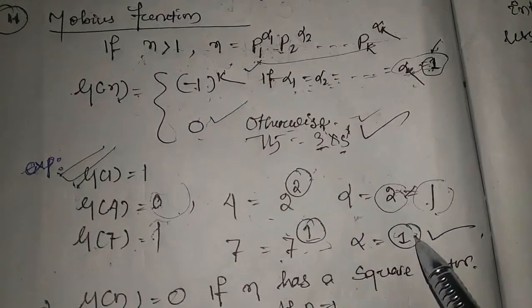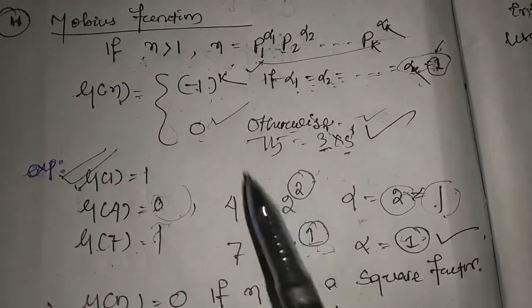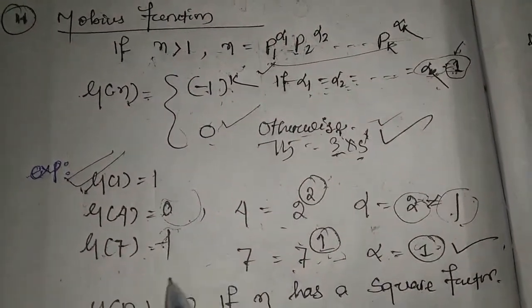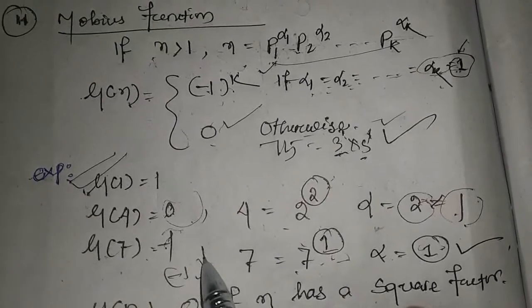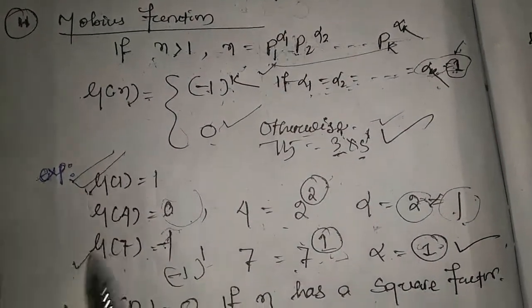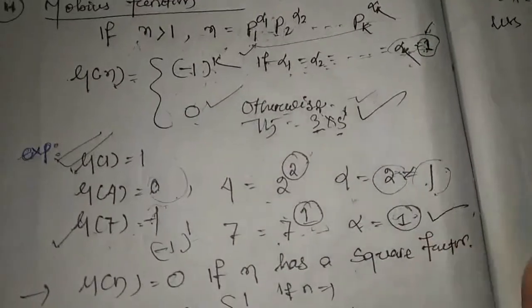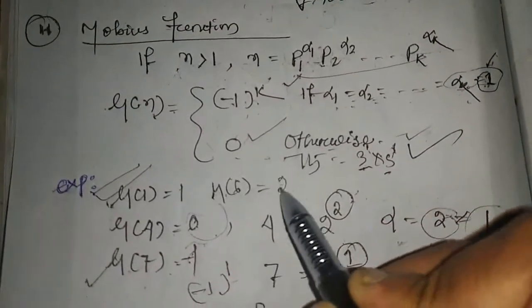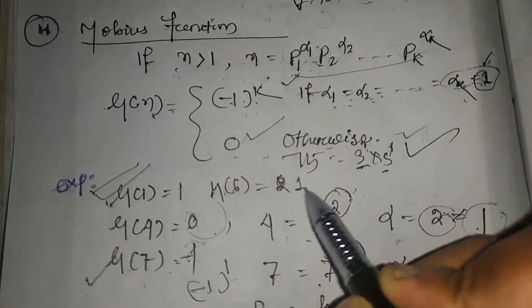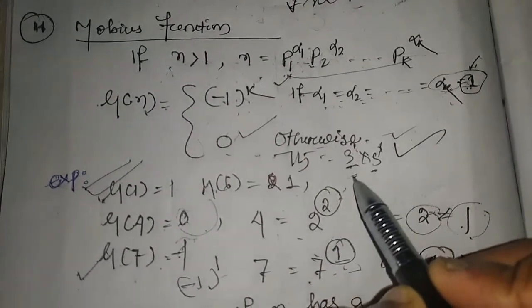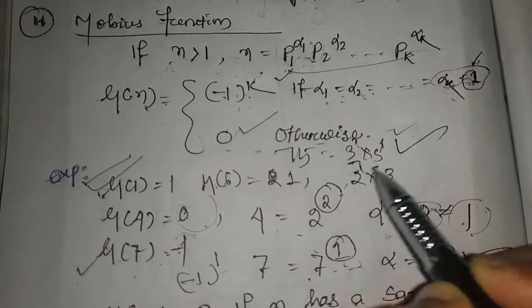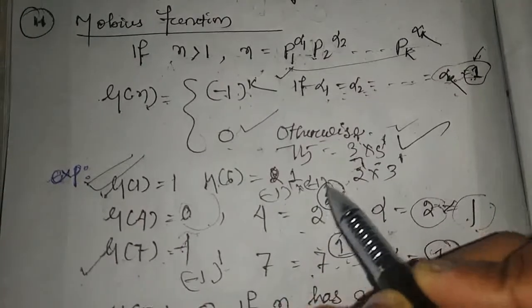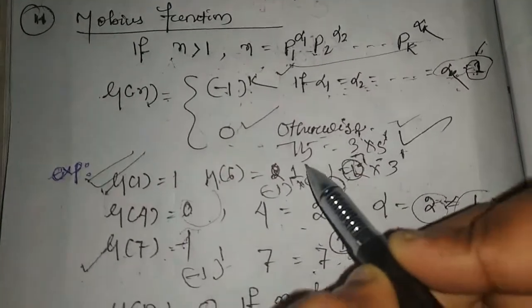Here alpha is equal to 1, so it gives minus 1 to the power 1, which is minus 1. Similarly, mu 6 is plus 1, because 6 can be written as 2 into 3, 2 to the power 1 and 3 to the power 1, so minus 1 to the power 1 into minus 1 to the power 1 gives 1.